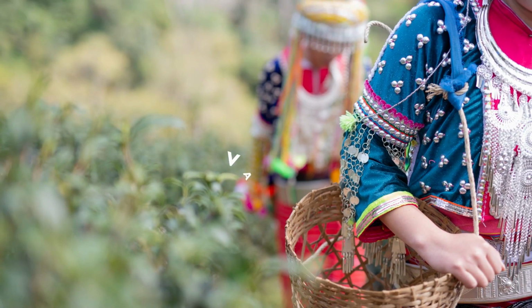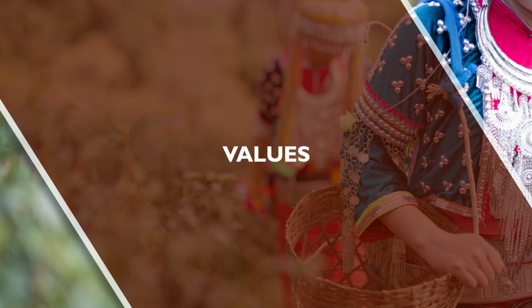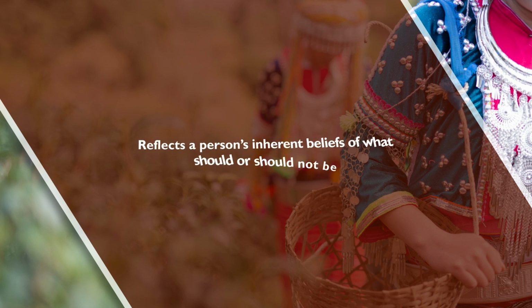The next one is values. Values are a second, deeper level of culture. Values reflect a person's inherent belief about what should or should not be. Values are consciously articulated, both in conversation and in a company's mission statement or values, which we can see in an annual report.